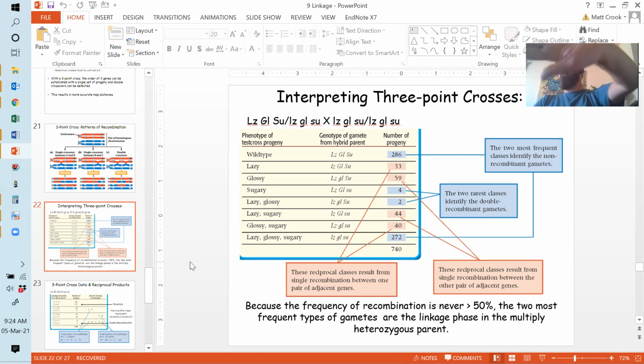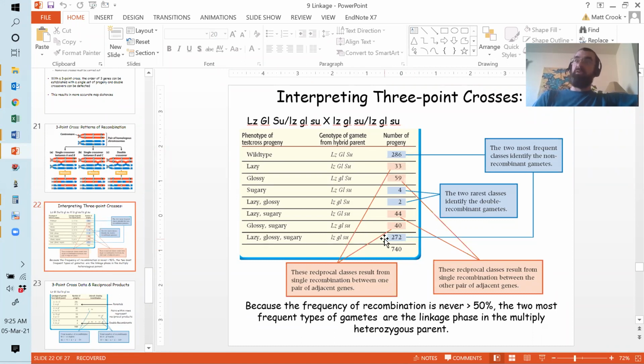Yes, exactly. The ones which have the largest number of progeny have the non-recombinant parental chromosomes. That's going to be this one here, 286, and this one here, 272.